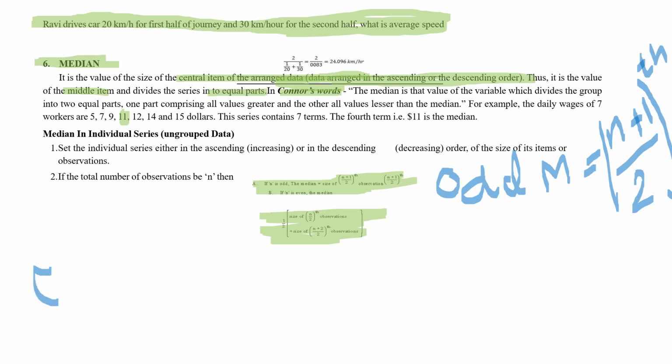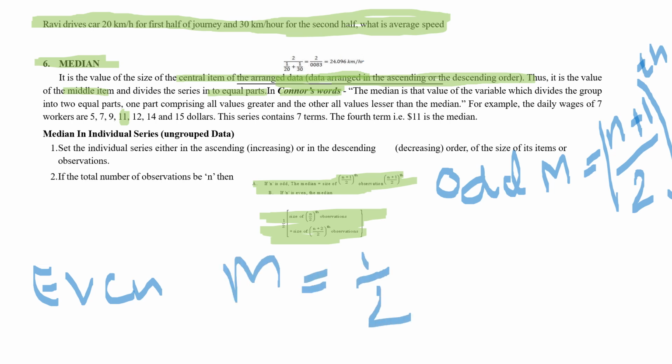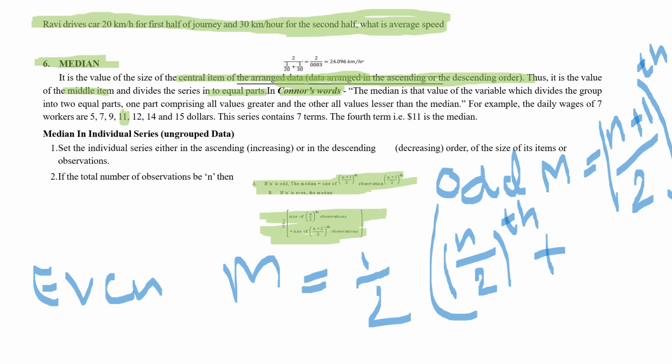If it is an even number, then median is equal to 1 by 2 times the size of the n by 2th observation plus the size of the n plus 2 divided by 2th observation.